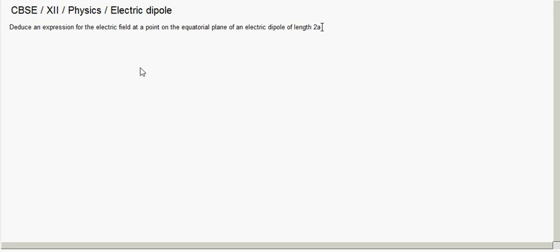Basically, this is a derivation. Deduce an expression for the electric field at a point on the equatorial plane of an electric dipole of length 2a.